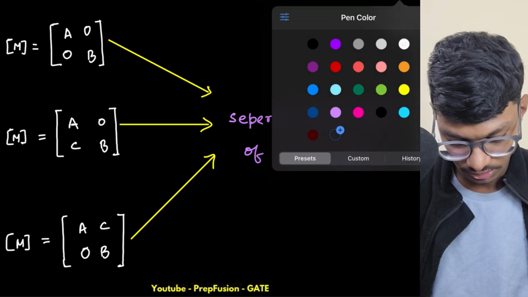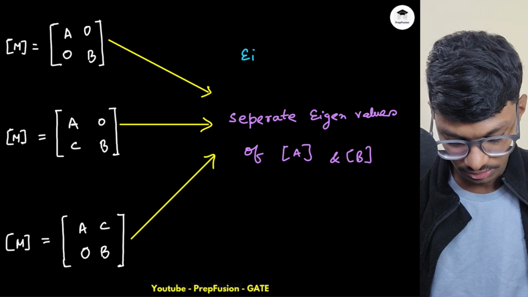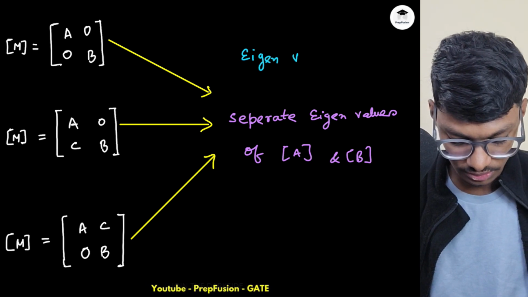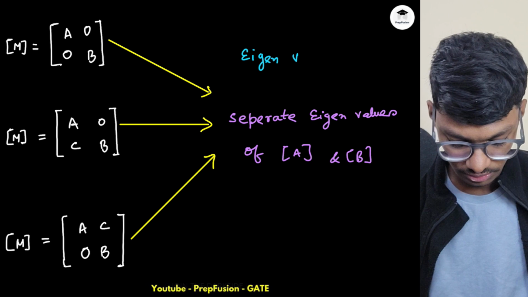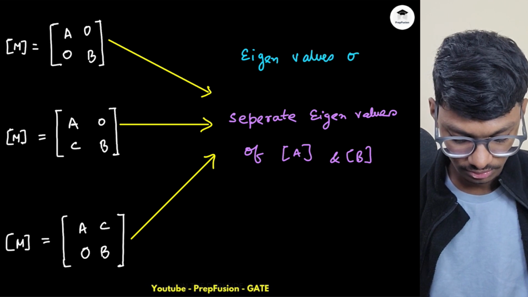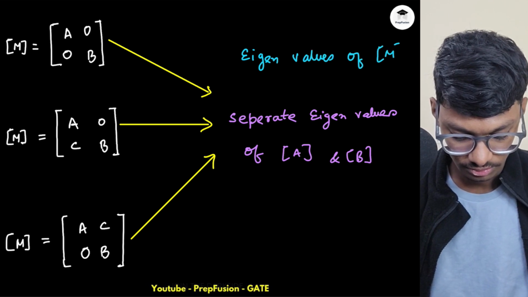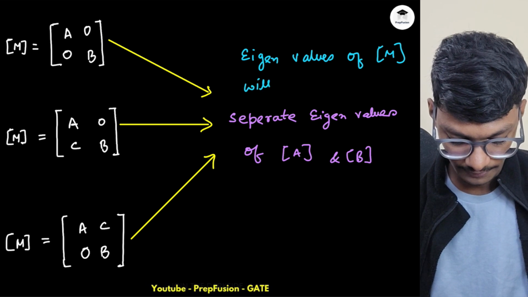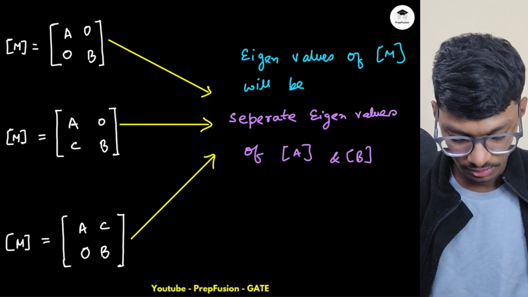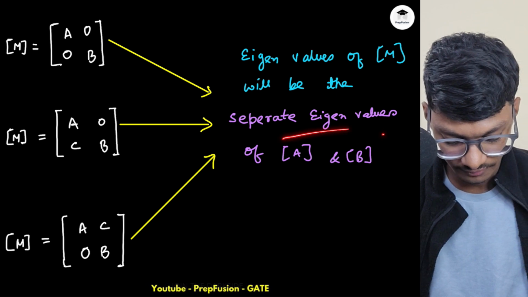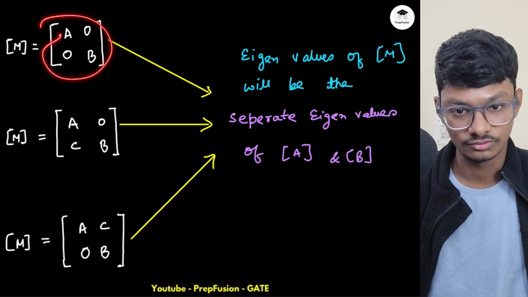The eigenvalues of M will be the separate eigenvalues of A and B. This is like a diagonal matrix.